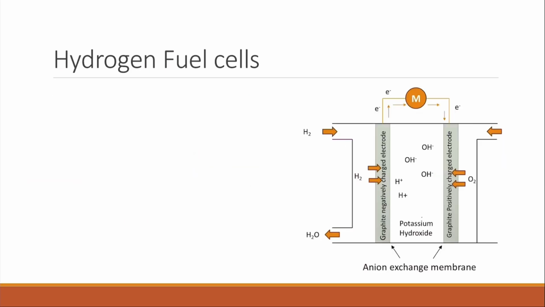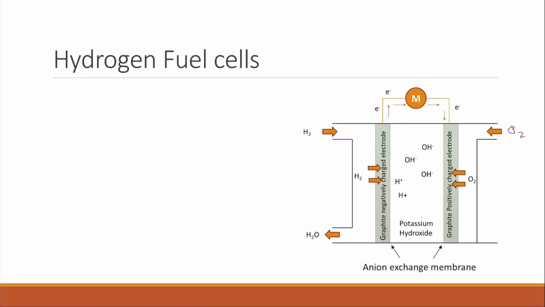And then finally, the hydrogen fuel cell. The hydrogen fuel cell will use hydrogen and oxygen to give water and generate electricity. In this case, the hydrogen is going to be fed into the anode and the oxygen into the cathode. The hydrogen at the anode is going to be oxidized, and you need to know the half equations.